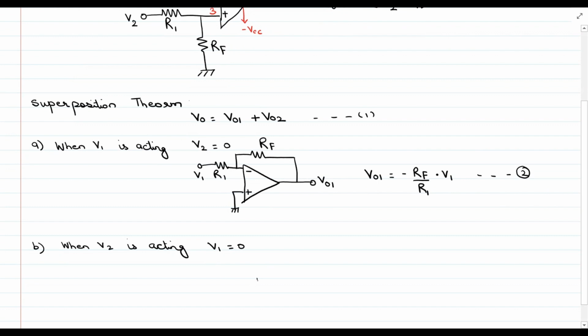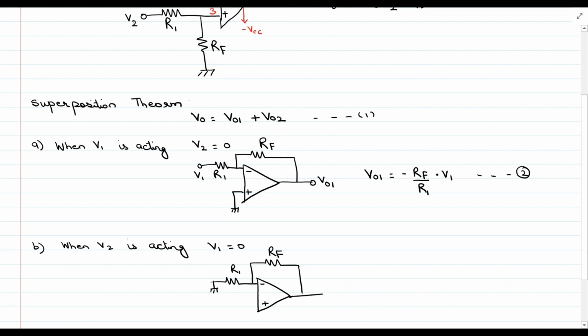So when V1 is grounded, so resistance R1 connected to ground, RF connected as a feedback to output.